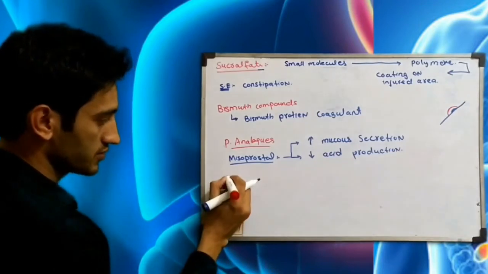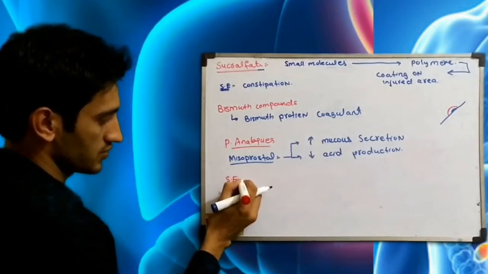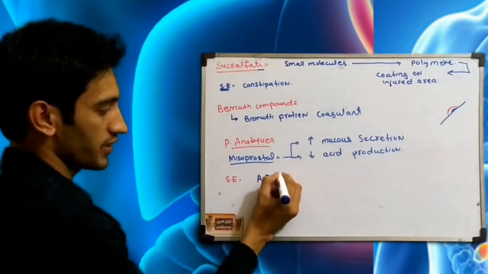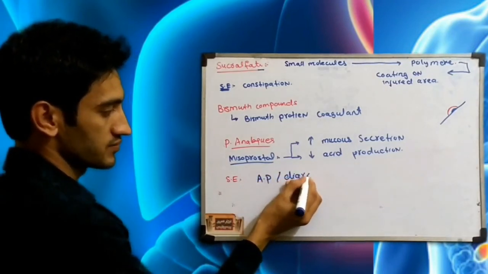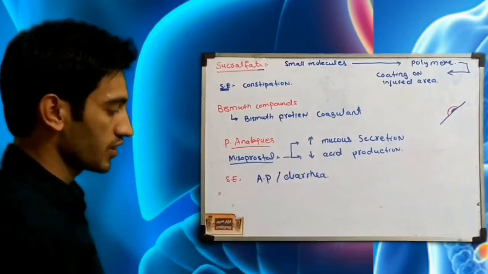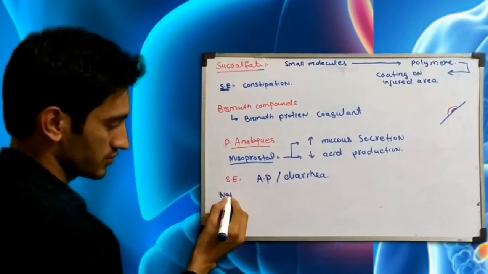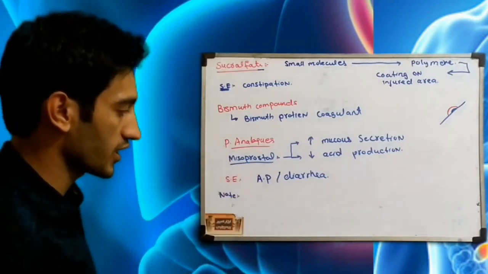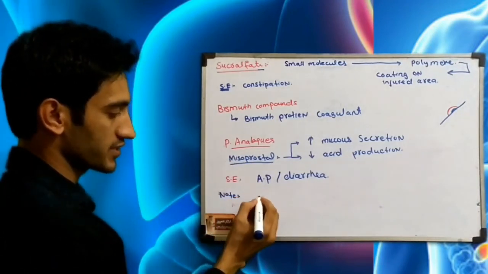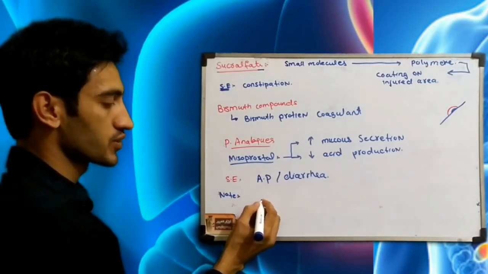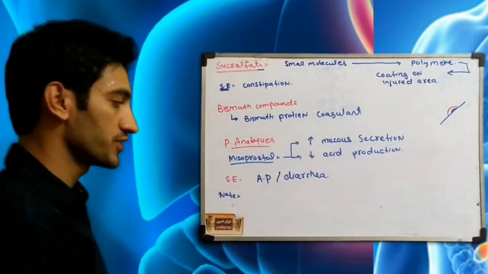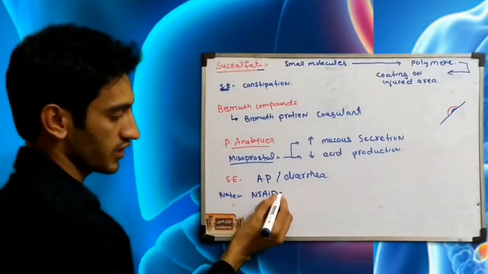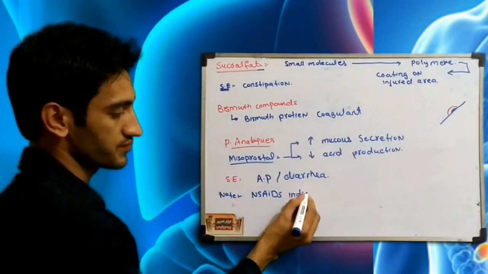The side effect is it will cause abdominal pain and diarrhea. And a very important point is that misoprostol is used as a prophylactic agent in patients who are taking NSAIDs to prevent NSAID-induced ulcer.